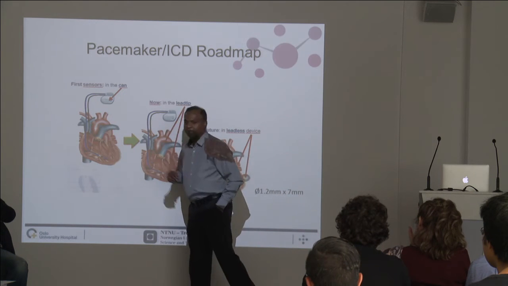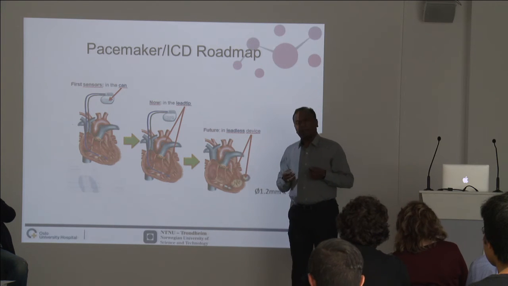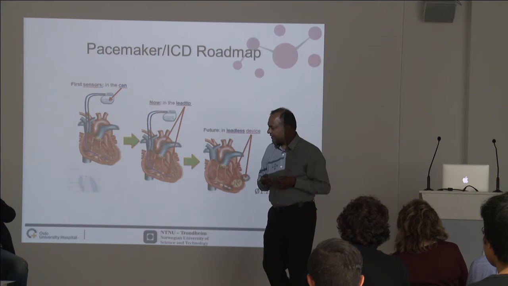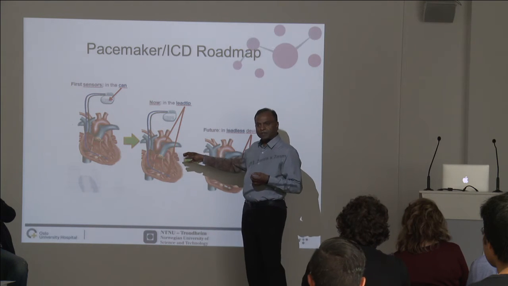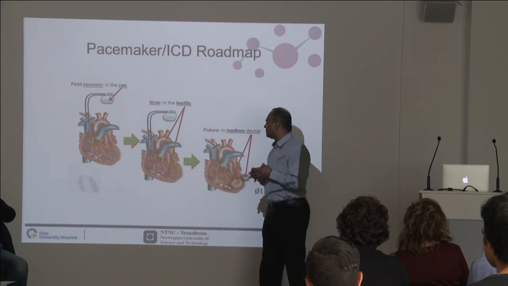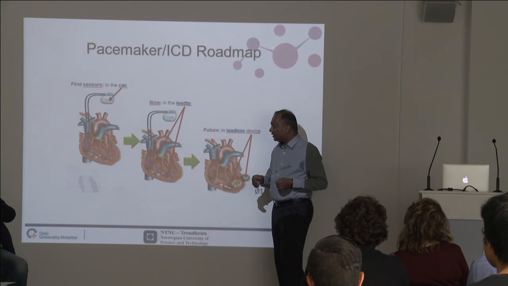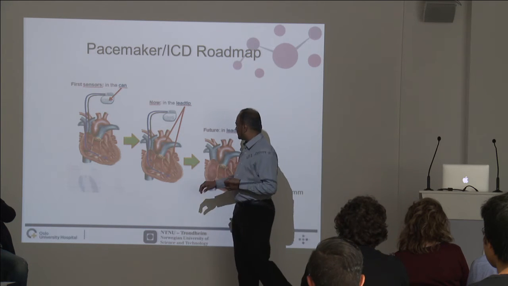You have leads going inside, and you measure the impedance or electrical activities there. Based on that, you make a decision whether you want to pace. That's for when the heart is moving very slowly. If the heart is moving very fast, you want to give a shock so that you can resynchronize the heart.